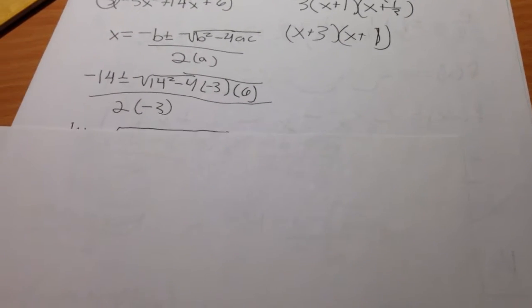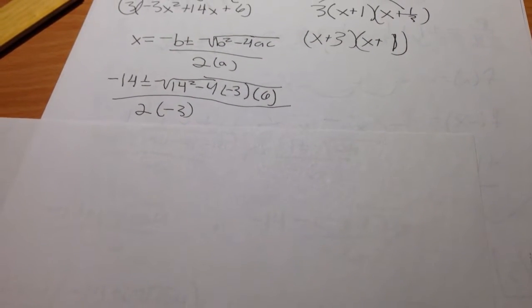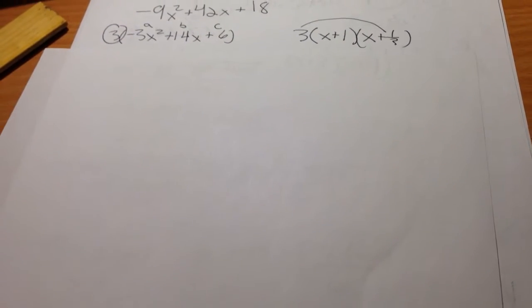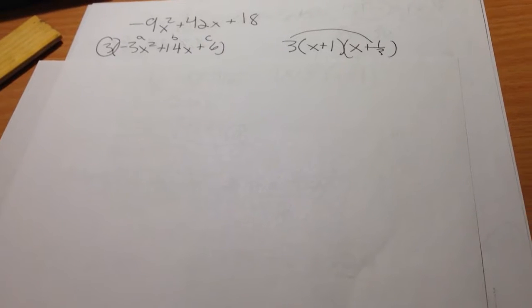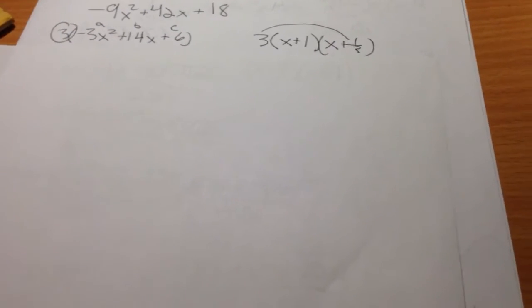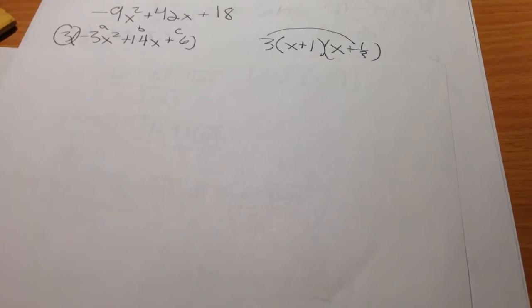Once you plug that in, you get this right here. And also with these numbers, that 3, you plug it into that 3x plus 1 and x plus 1/3. In the end, you'll end up getting x plus 1 and 3x plus 1.